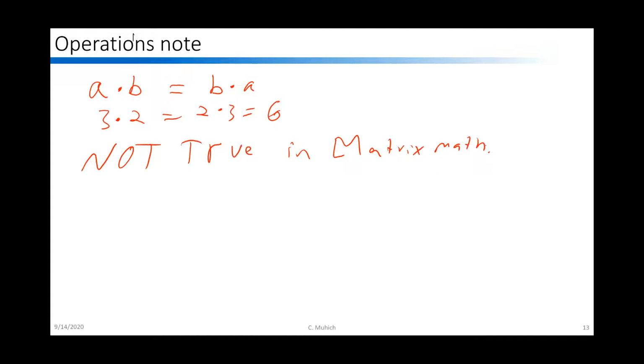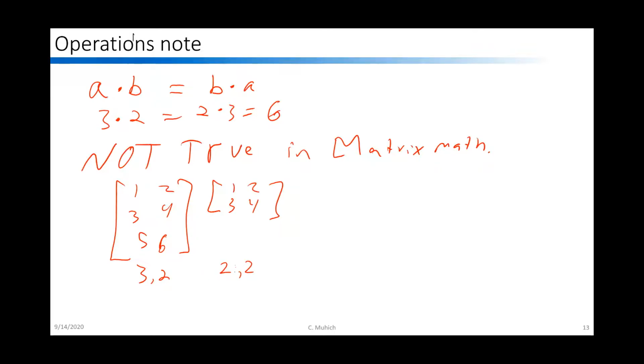Why is this not true? Well, remember, if I have this matrix 1, 2, 3, 4, 5, 6, and 1, 2, 3, 4, right? The inner dimension has to agree. So I have a 3,2 and I have a 2,2 matrix.